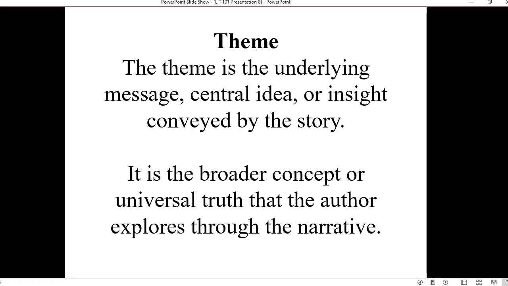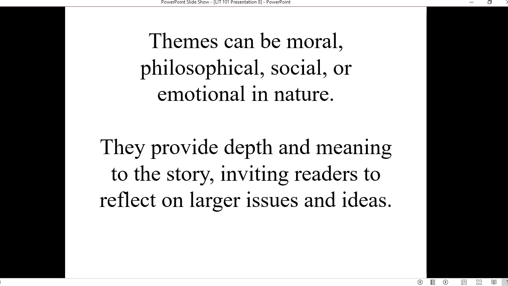What is the universal truth or issue that the author wants the reader to add to his or her ideology, to believe or to look into? So when we talk about theme, themes can be in the form of morality, philosophy, society, emotion, and the rest of them.